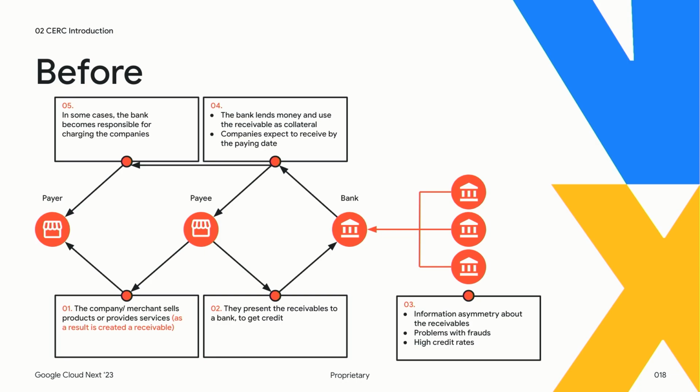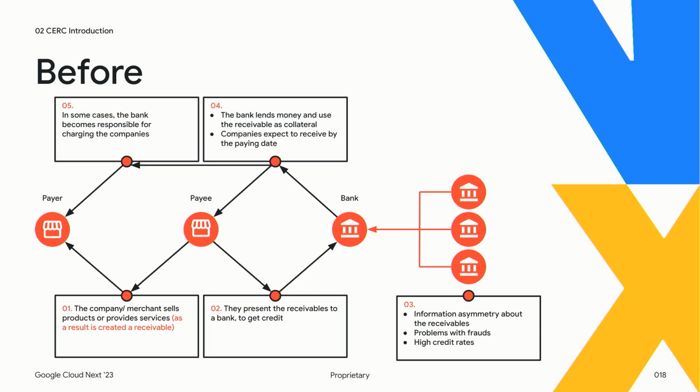So they didn't know if the receivable is available. They didn't have information about the behavior of the receivable, who is the real owner of the receivable, and we have a lot of information asymmetry in that situation.